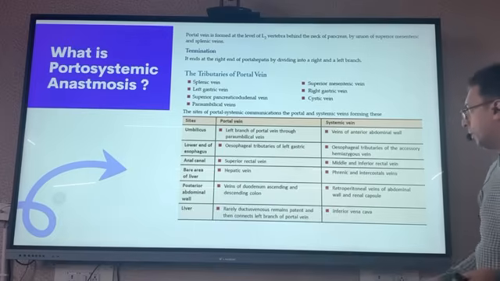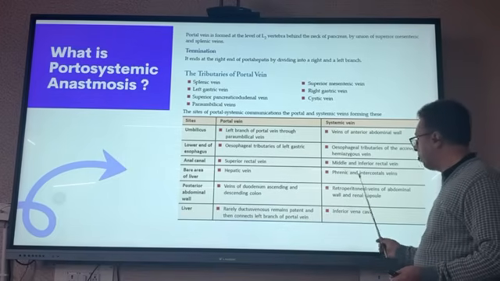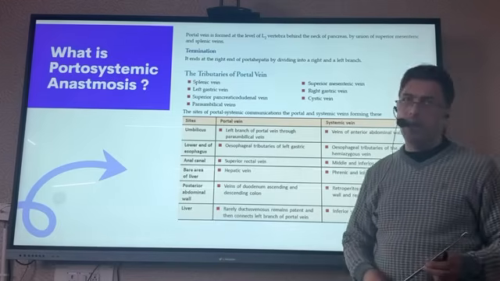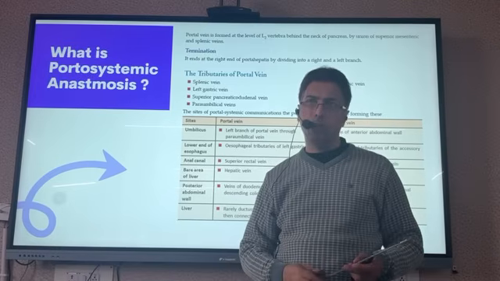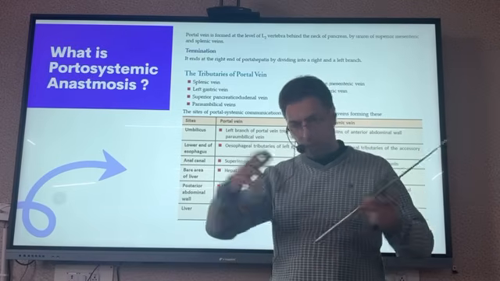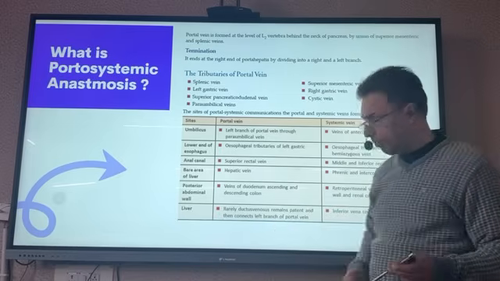And here the hepatic veins merge with the intercostal veins, and that is how this becomes a site of portosystemic anastomosis. And in here also there can be dilatation of the veins.